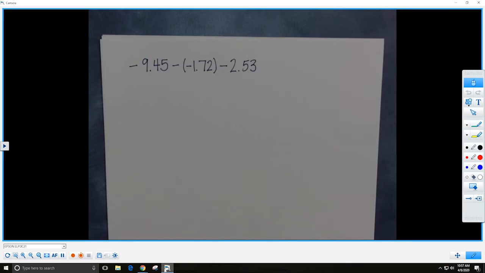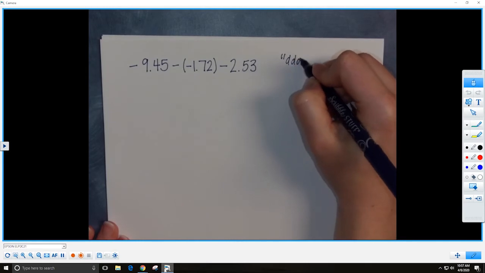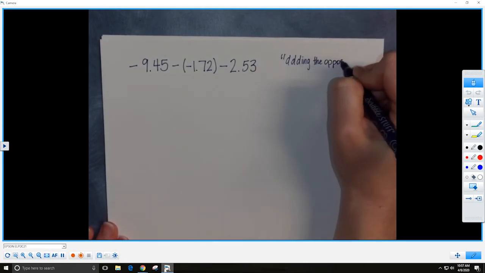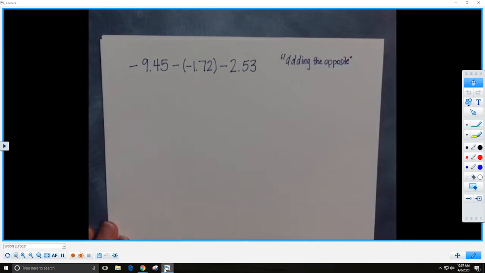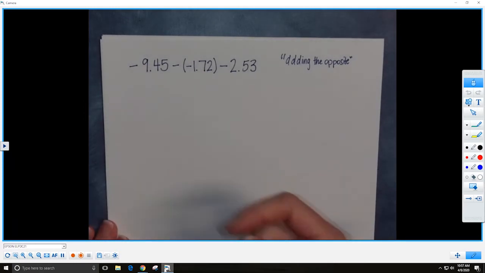How can we decide? We can rewrite the expression by adding the opposite. Let's do that and see if that gives us any insight on the sign of the answer. Rewrite this expression on your paper by adding the opposite.